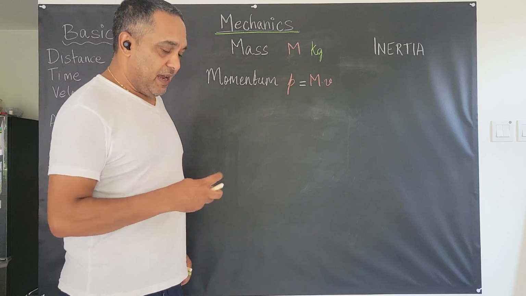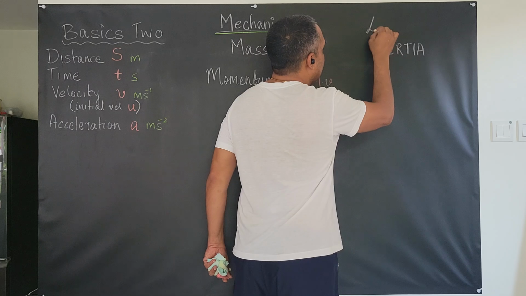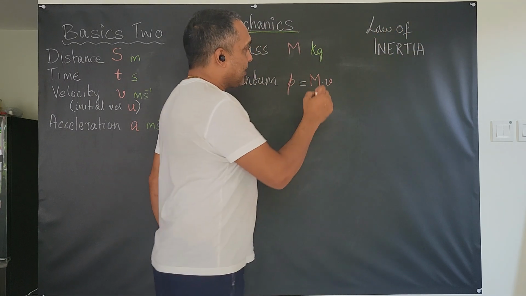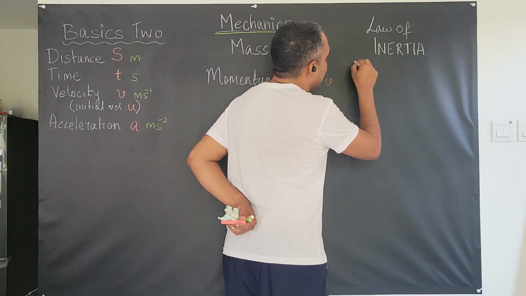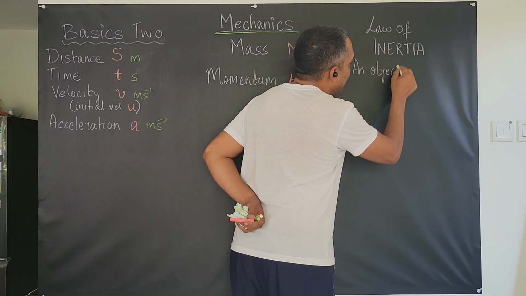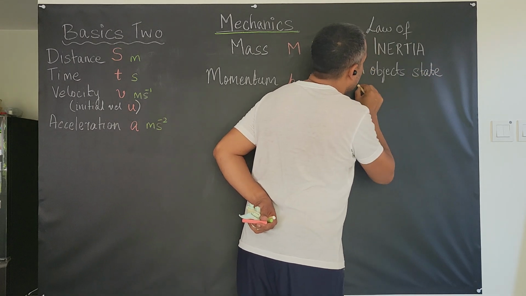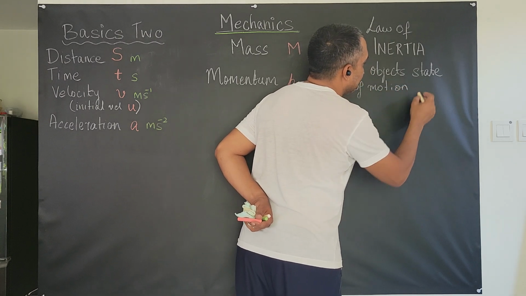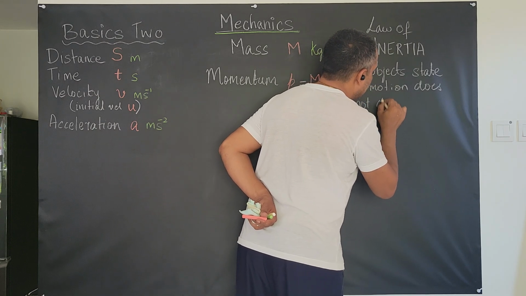Now, we'll build on that and say the law of inertia, and I'll just write that there. The law of inertia. I'll phrase it in a very simple way. An object's state of motion does not change.